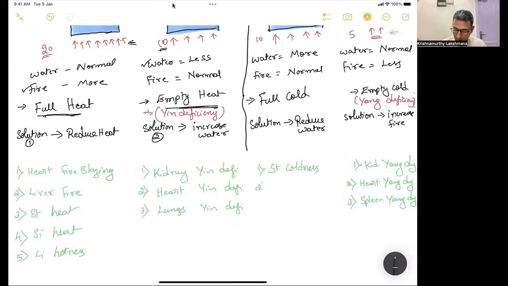And somebody went into the cold weather without having any jacket. So the cold attacks them, and we call it wind cold attack on lungs.